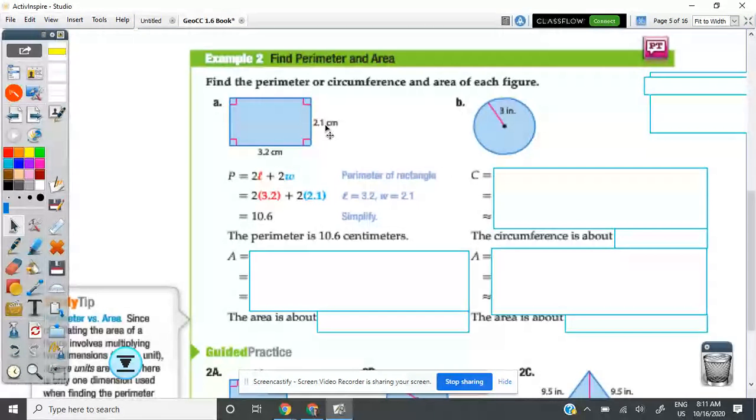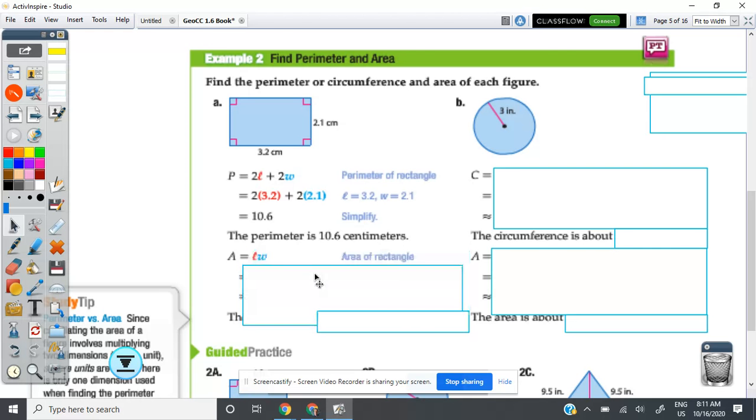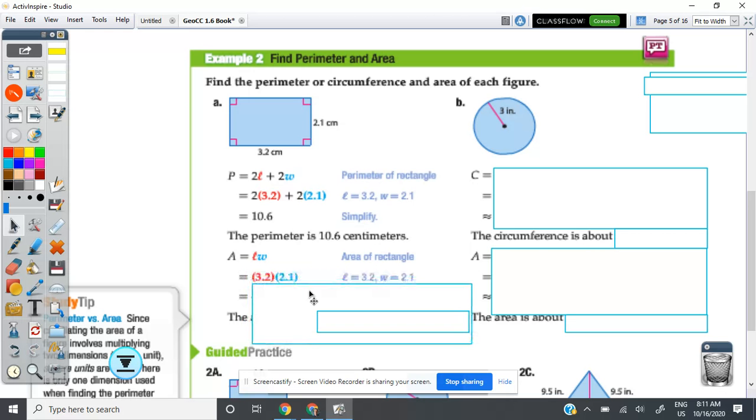To find the area of a quadrilateral or of a rectangle, you multiply length times width. That's from the formula sheet. Again, substitute in. Use your calculator.